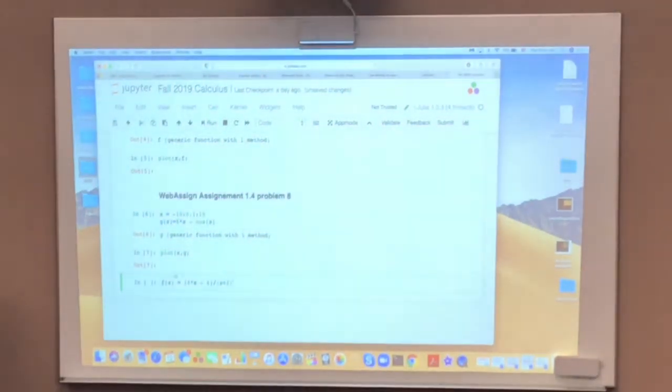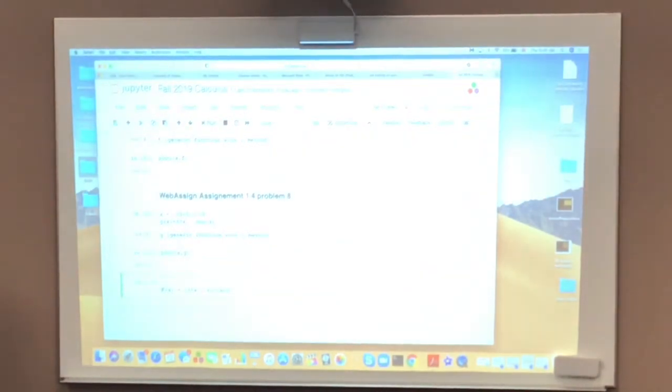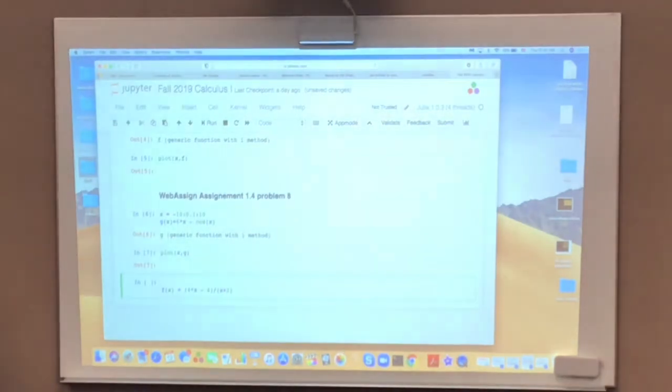Which x values do you want to graph? How about negative 10 to 10? And what increments? 0.1. It's smooth. Is that a colon? Yeah, it's a colon. I could not figure out how to do that last time and I can never find it.